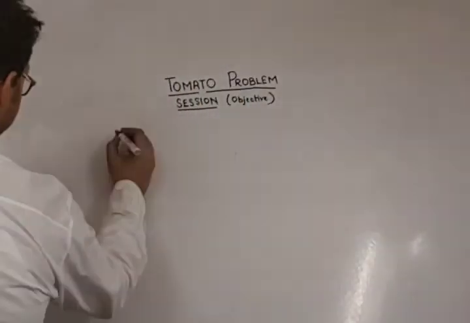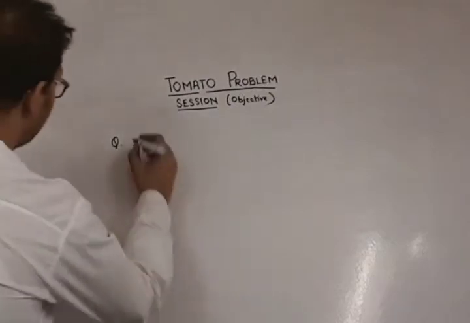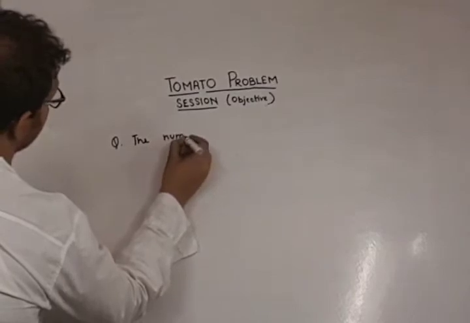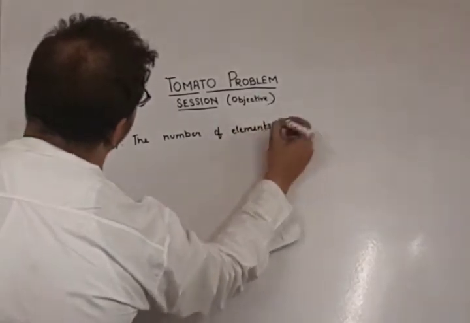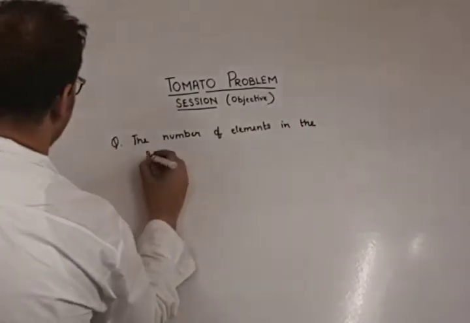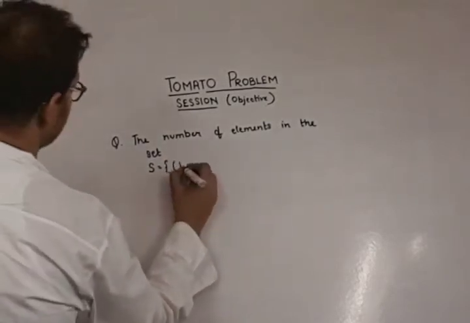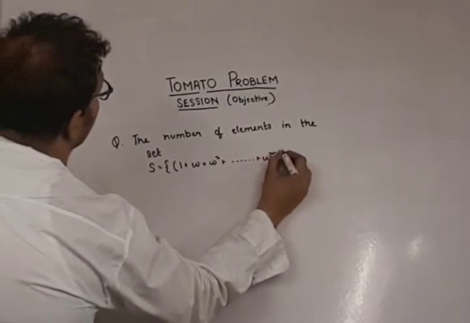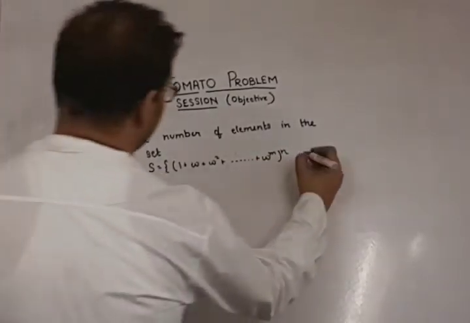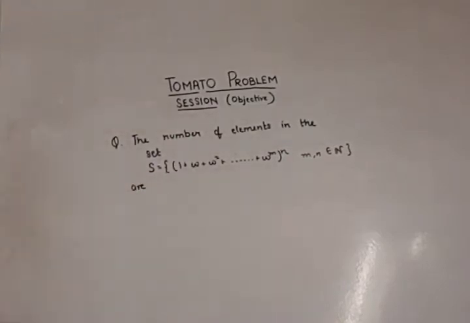So the first question says that the number of elements in the set S equals (1 plus omega squared) times omega power n, where n belongs to natural numbers, are: option A, 4, 5, 7, or infinity.